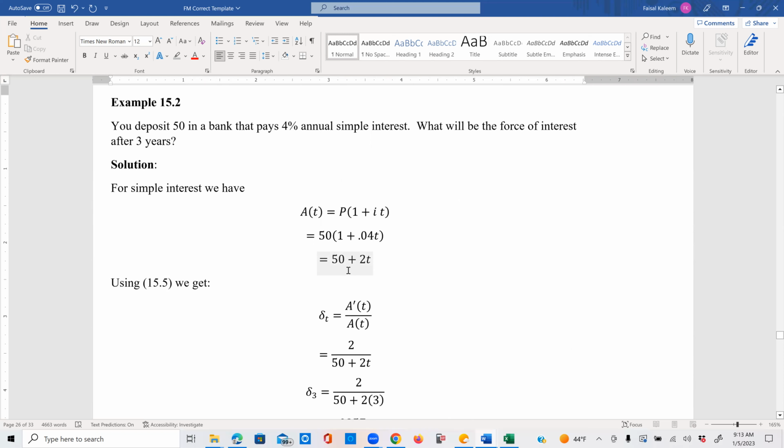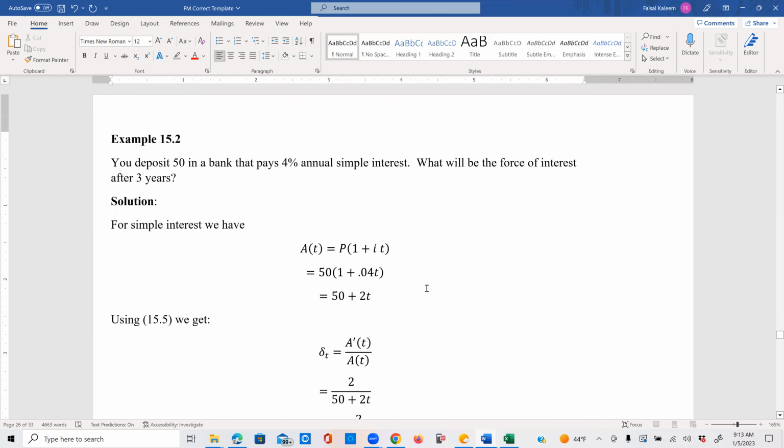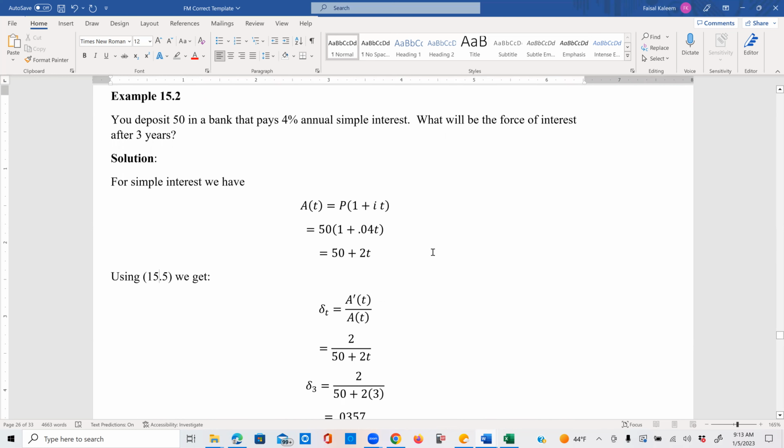So a prime would be the derivative of 50 plus 2t, which is just 2, divided by a(t), which is 50 plus 2t. And so we need the force of interest after 3 years. So we need delta subscript 3. So we substitute t is equal to 3 here and get 3.57%. Now, we actually see a very interesting formula kind of from this example.